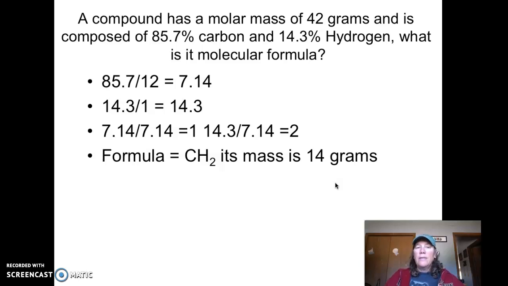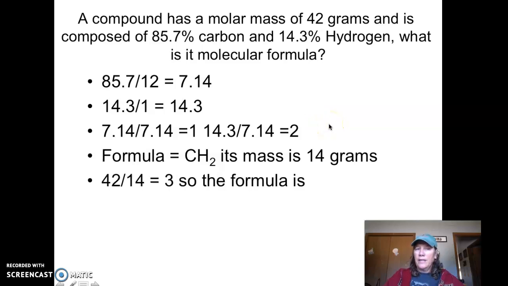Now the mass of CH2, if you take 1 carbon and 2 hydrogen, is 14. It says up here its mass is 42 grams. So I'm going to take 42 divided by 14. That's 3. Now all I have to do is take this formula and multiply everything by 3. So C3H6. That would be its molecular formula.